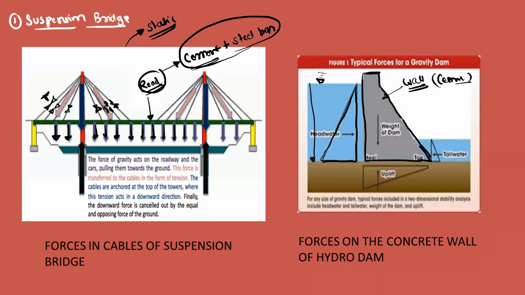Suppose this total height, that is the depth of water, is H. So at the bottommost point, that is at this point, there will be maximum pressure. And this pressure will gradually decrease as we reach the free surface of the water. Okay.